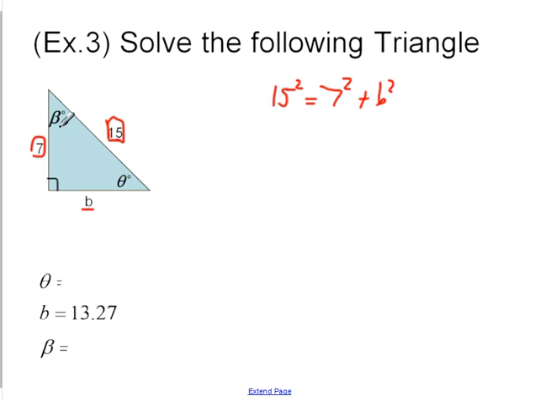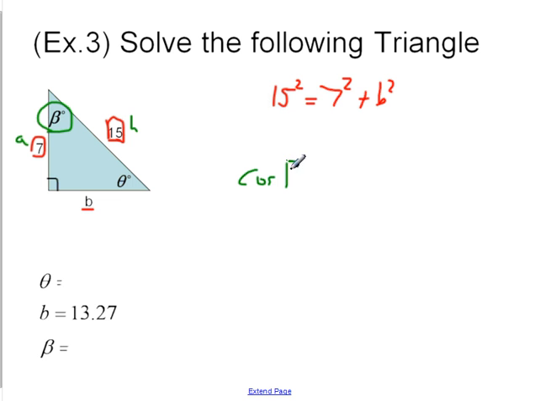So now let's say we want to solve for beta. From beta, 7 is an adjacent side, 15 is the hypotenuse. What trig function would incorporate an adjacent and a hypotenuse? That should be a cosine.